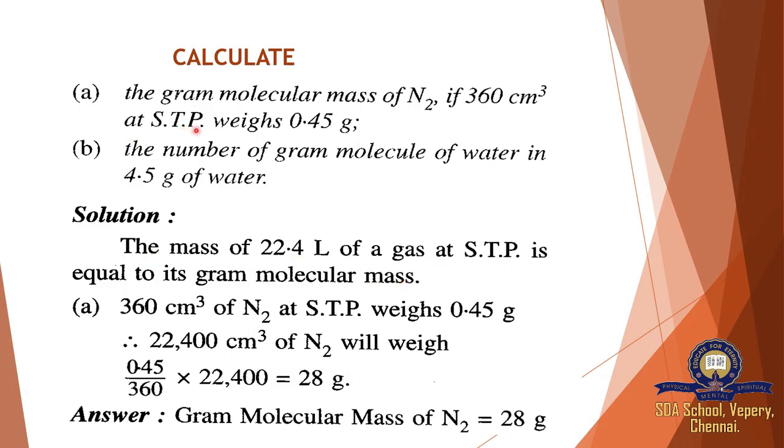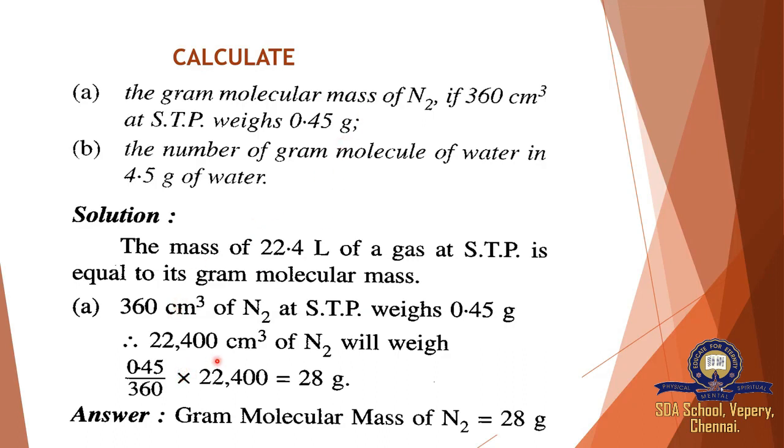So if they give STP, obviously the volume will be 22.4 liter. Here they have given the volume as 360 centimeter cube and the weight as 0.45 gram. Whatever the gas, at STP its volume becomes 22.4 liter. So we are going to calculate using this volume and the given weight 0.45 gram.